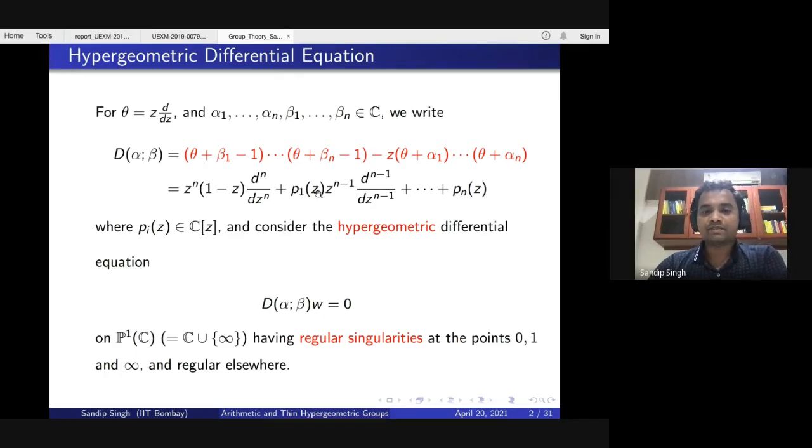In this case, we'll see that a1 z by a naught z has a pole of order 1 at z equal to 0. And then you can just verify that 0, 1, and infinity are regular singularities for this equation D alpha beta w equal to 0.